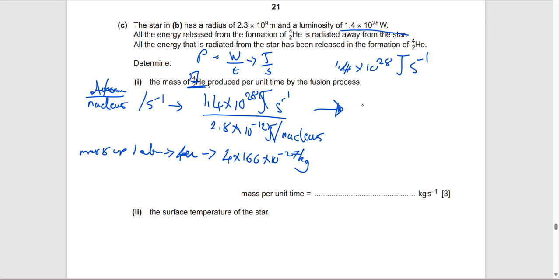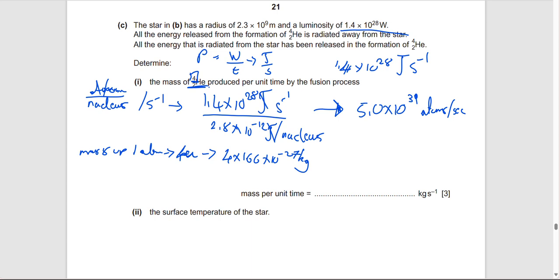We actually get 5.0 × 10^39, which is the number of atoms per second.